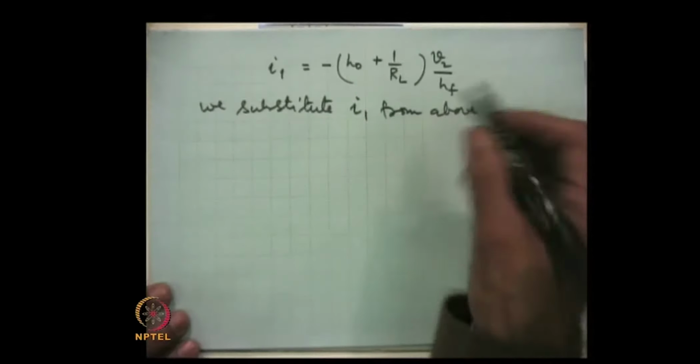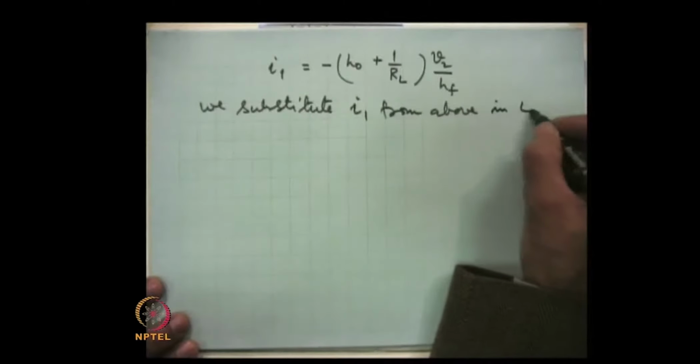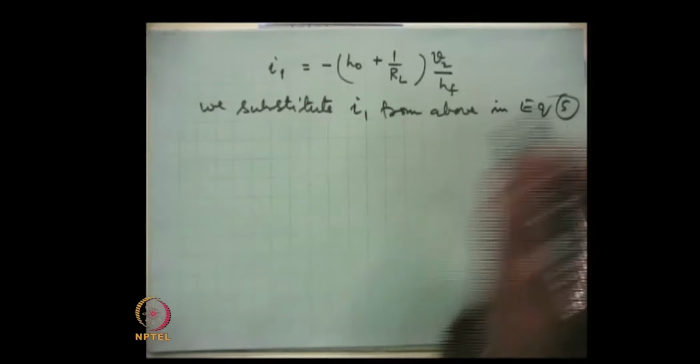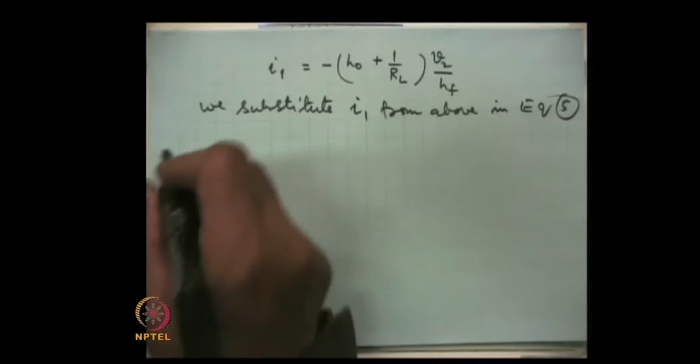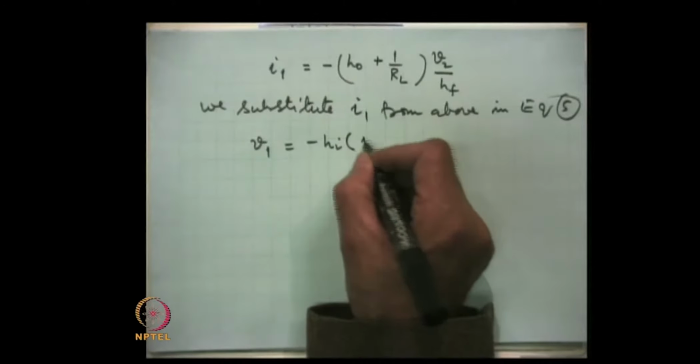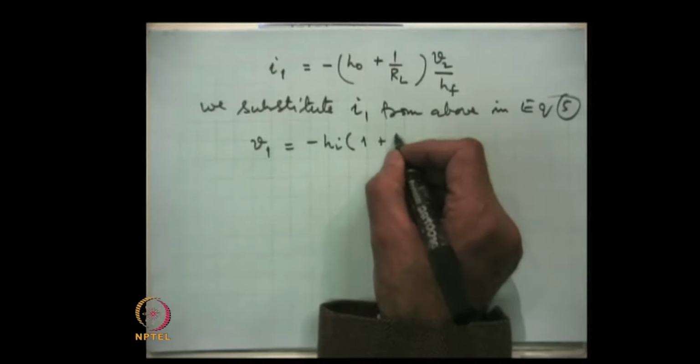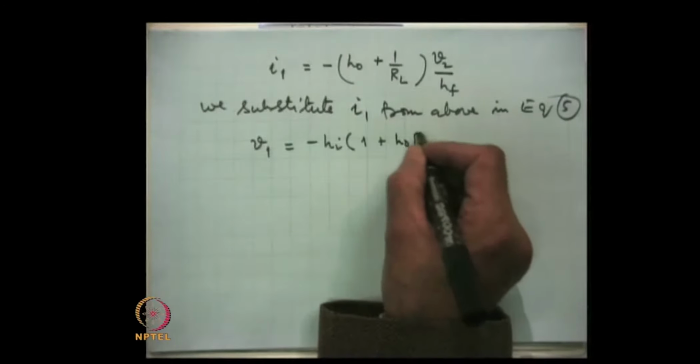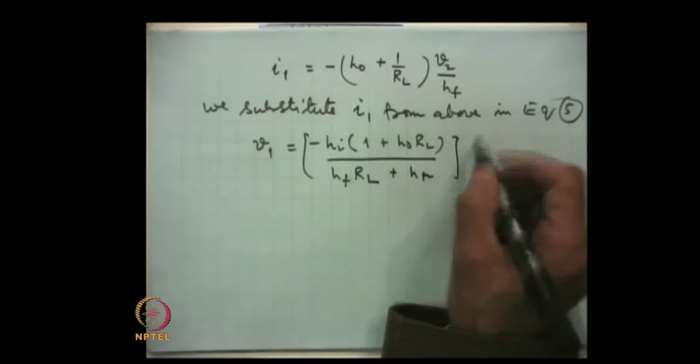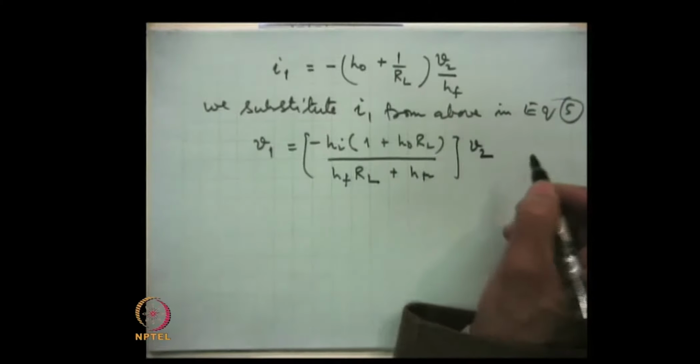So, when we put this value in equation 5, what we get is V1 minus (H I1 plus H O R L) by (H F R L plus H R) into V2.